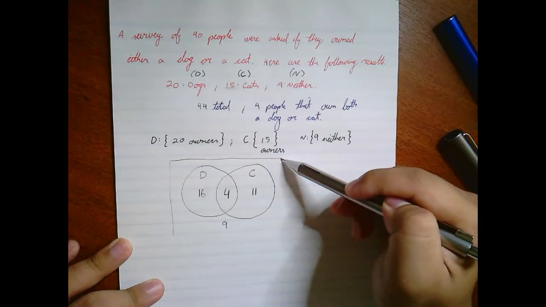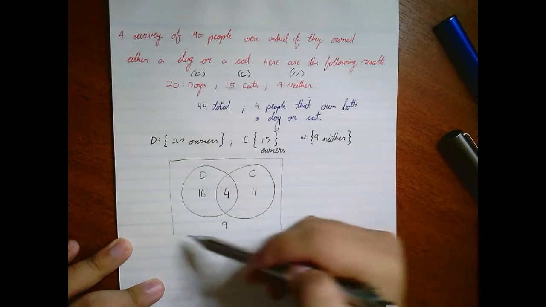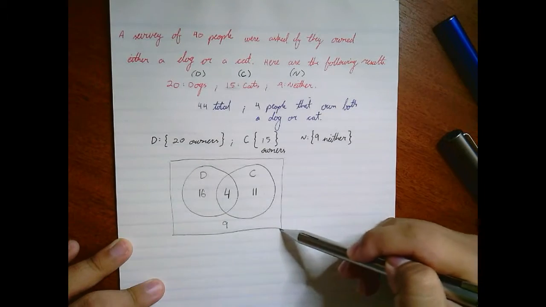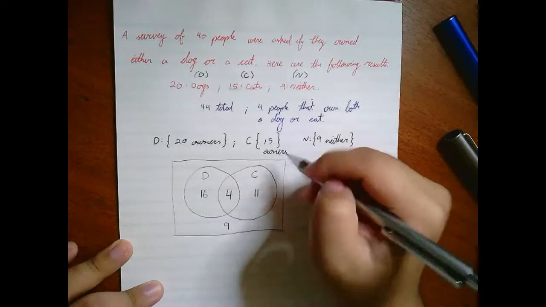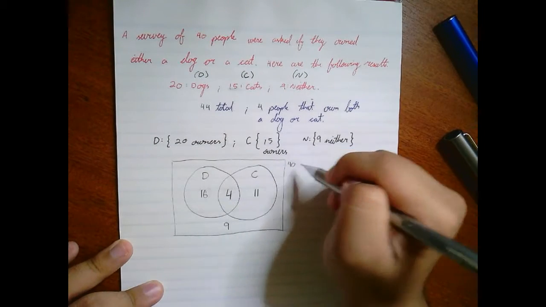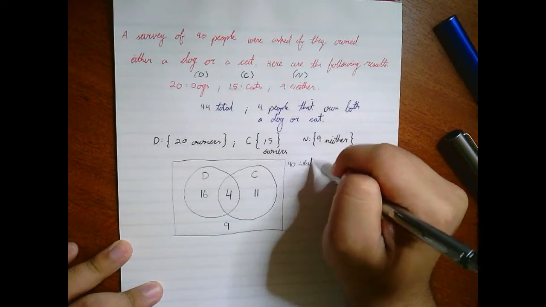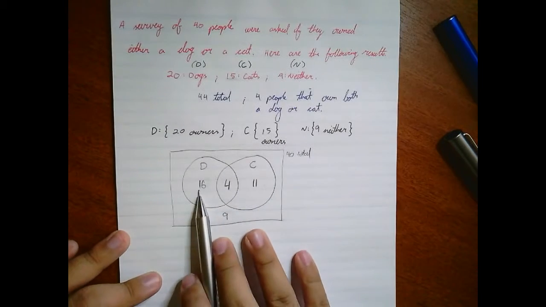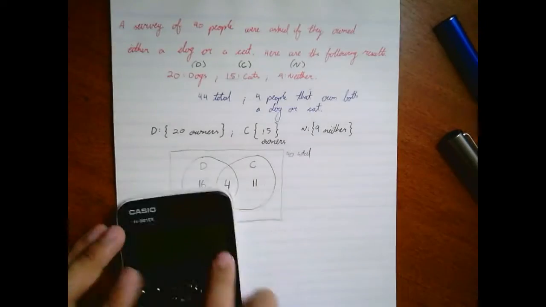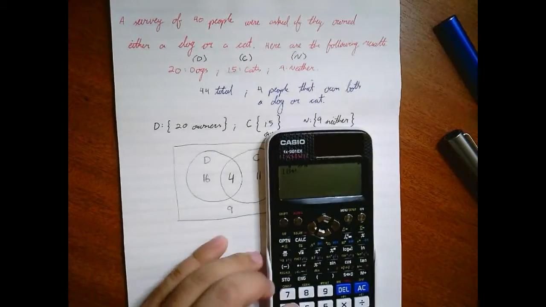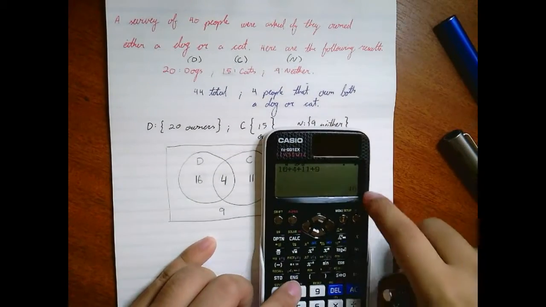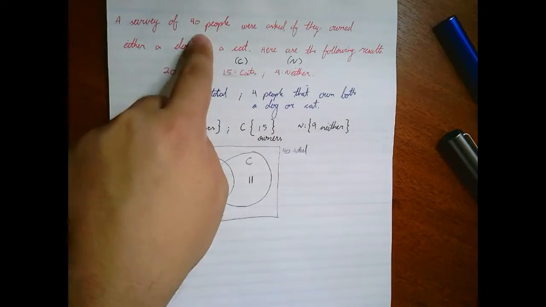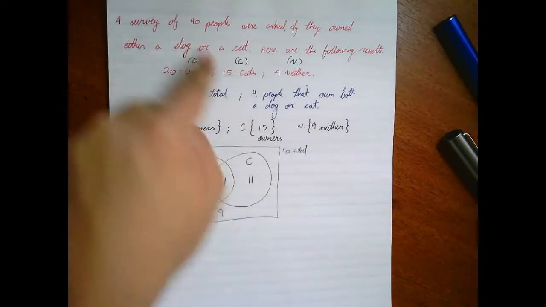And then we draw a little box around all of it. And then, just for good measure, I put 40 total. Now if we add all these up, 16 plus 4 plus 11 plus 9, we get the matched amount of people there.